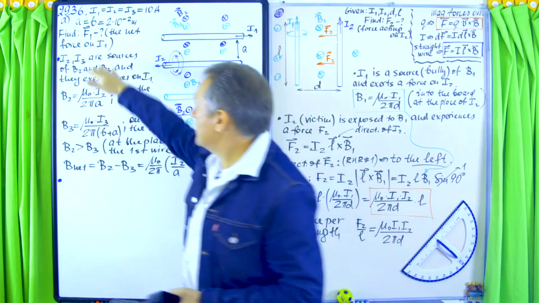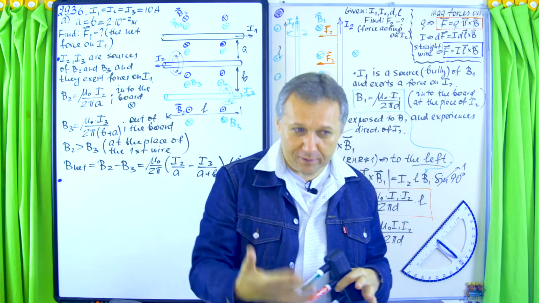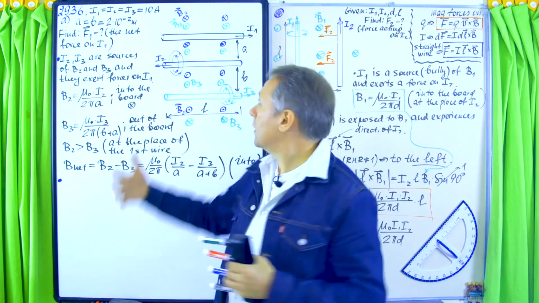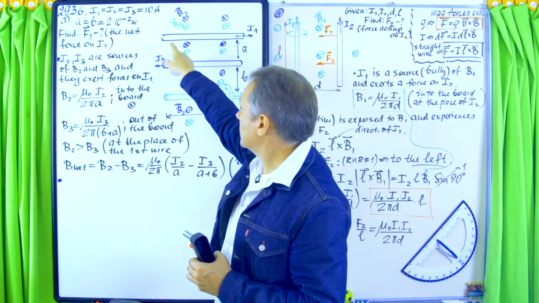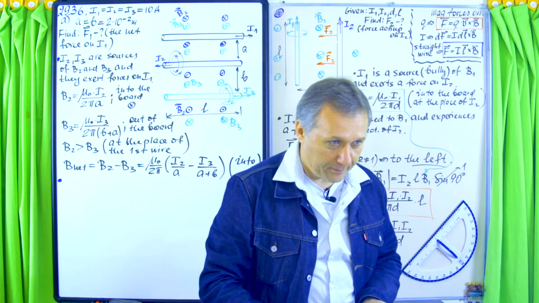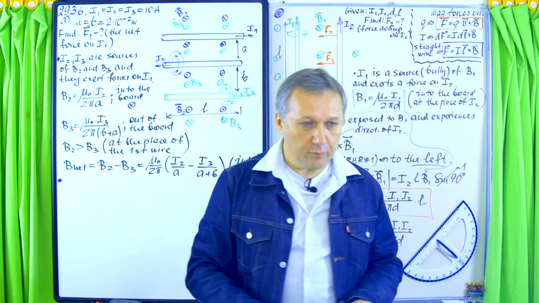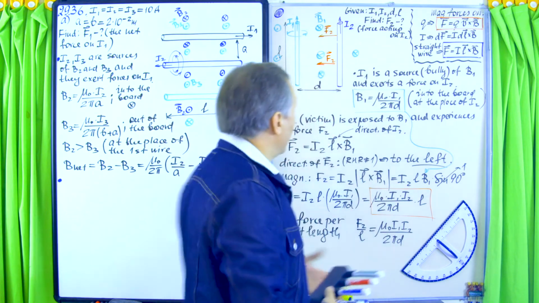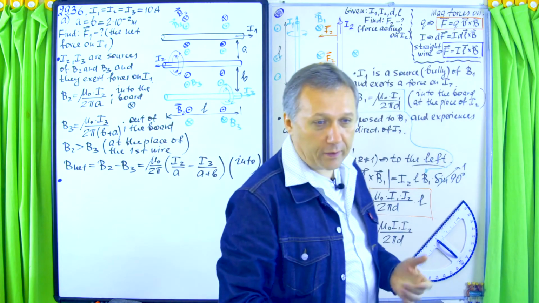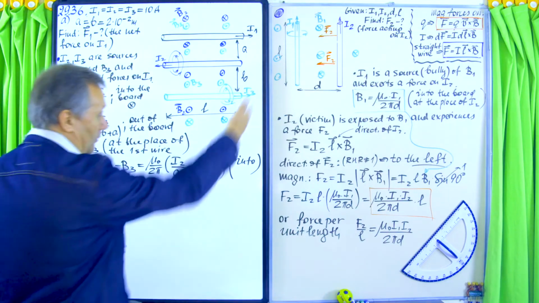So pretty much in this first part, we worked with magnetic fields in order to find net magnetic field to which the first wire is exposed. And now we just need to find actually the net force. So in order to find force on the wire I1, it's a straight wire. Of course, we need to use that last formula, which we used already once.